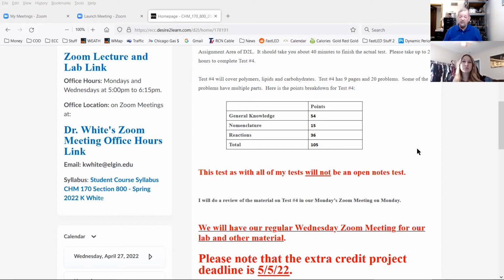If I ask you to draw the enantiomer of this molecule, well, that's not nomenclature. It's not reactions. Oh, it must be general knowledge, which is why there are so many points on general knowledge. And that's why it's up to 54 points. So that's the breakdown for test number 4, and I'll be giving it a week from today.